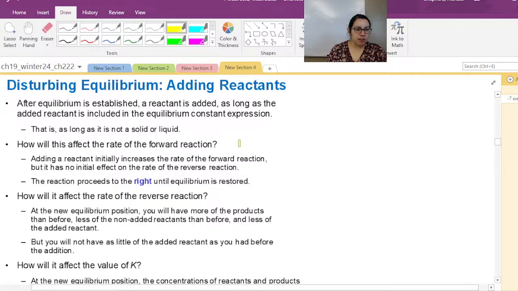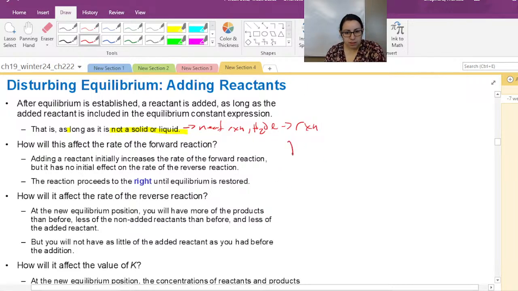And then the caveat in the text reminds us that as long as it's not something that was a solid or a liquid, like that neat reaction, or if you have H2O liquid as part of your reaction, those concentrations wouldn't change, but anything else that you're stressing the system with by adding, well, that would affect it.